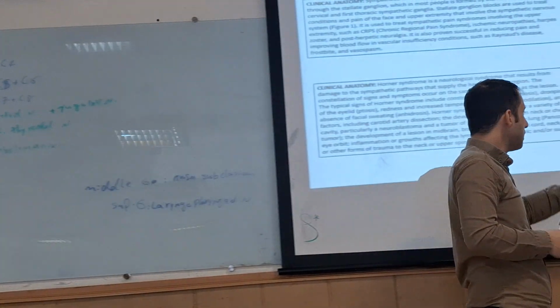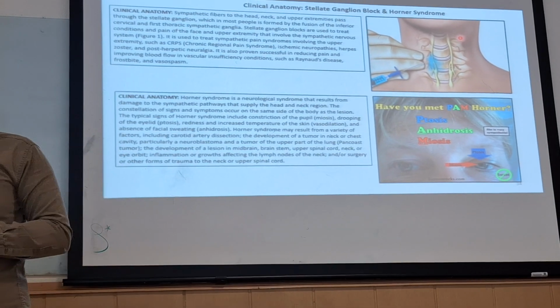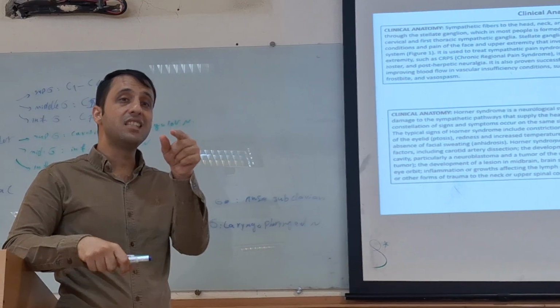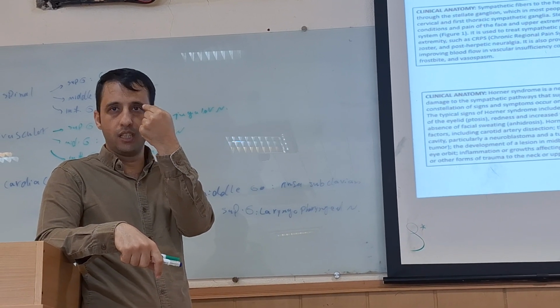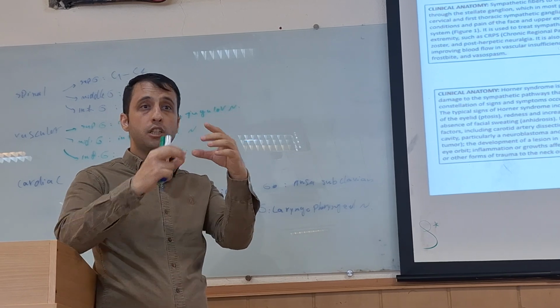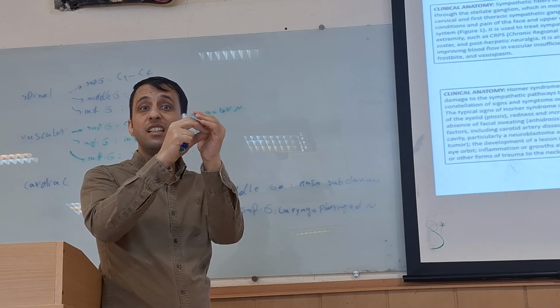Another sign is miosis. What does miosis mean? Dilation of... No. Miosis is narrowing of the pupil. Here in the central part we have the pupil, yes? We have miosis and mydriasis. Mydriasis is dilation. Miosis is narrowing.